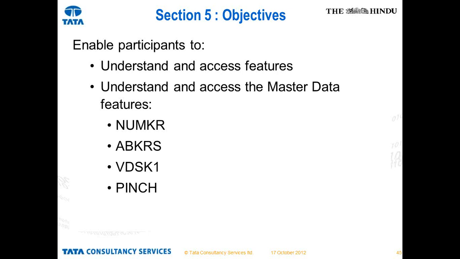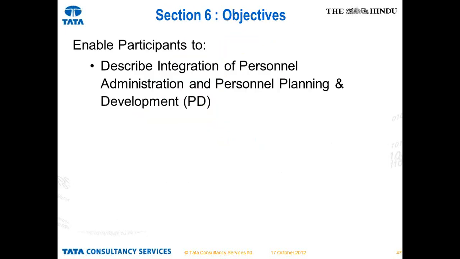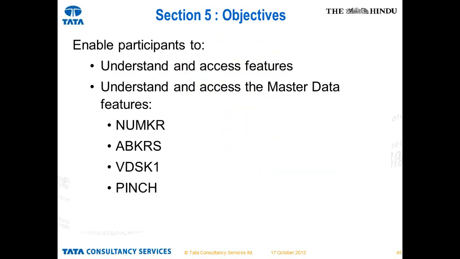That is what this customizing procedure, or where you make changes on the dynamic action, says. And then we already discussed the features. You know that the features are 5-character alphanumeric, and they default the values. We have seen NUMKR. NUMKR is the feature name to default the number range intervals. And then ABKRS. What is this?